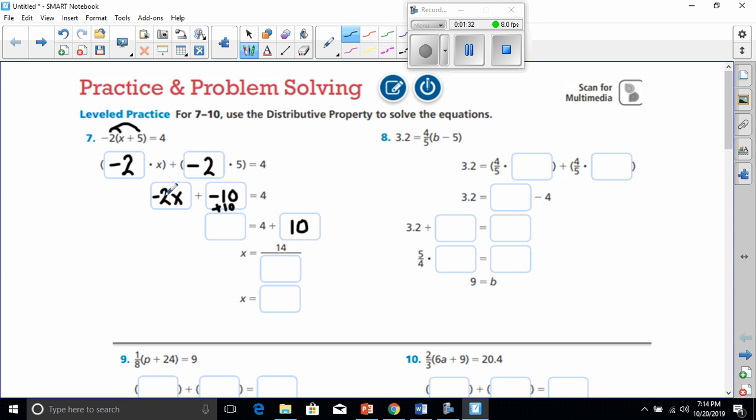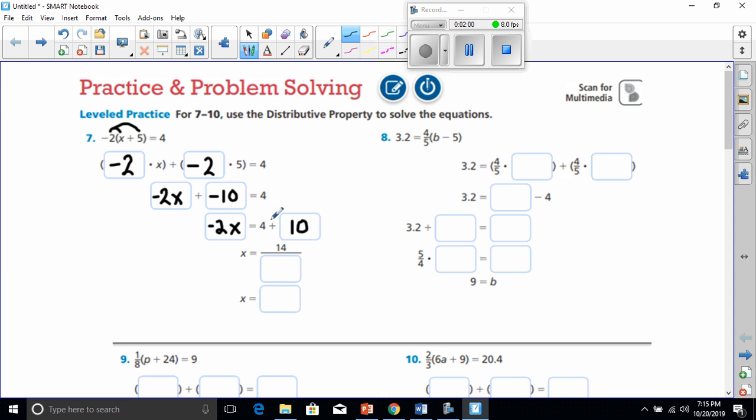Okay, and that means -2x is going to be over here by itself. Does everybody see that? All they did was do the plus 10, but they put it down over here. All right, so I'm going to erase that part there because I just wanted to show everybody where it came from.